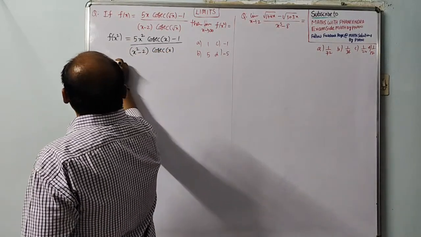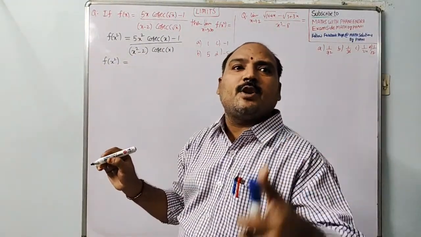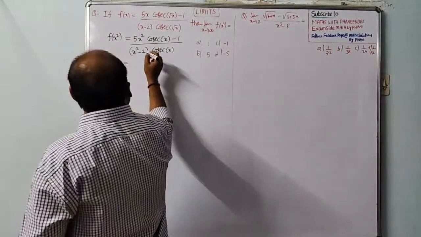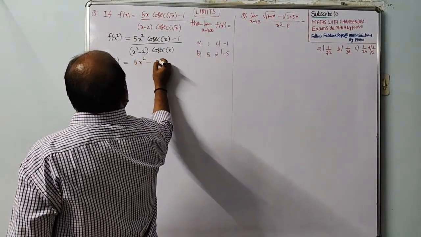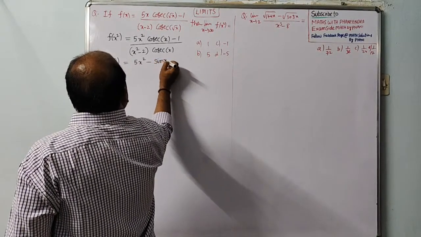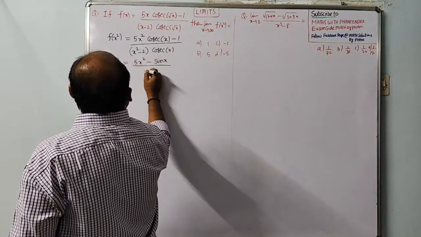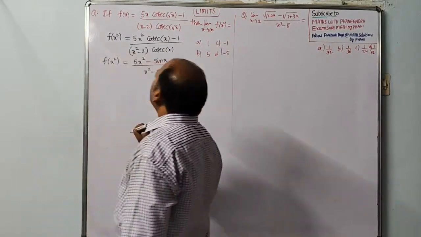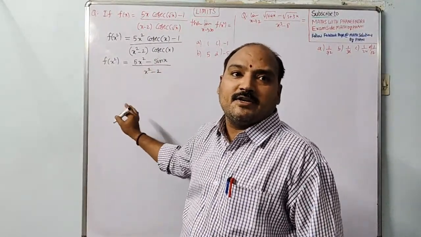So f of x square can be written as, wherever cosecant x is there, you write it as 1 by sin x, the reciprocal of sin. So 5x square minus sin x divided by, here sin x will be there, even cosecant x also we can write as 1 by sin x. Here sin x gets cancelled. Directly I am writing, dear students.